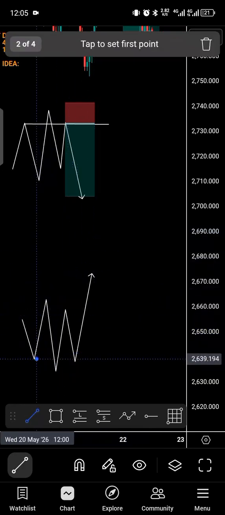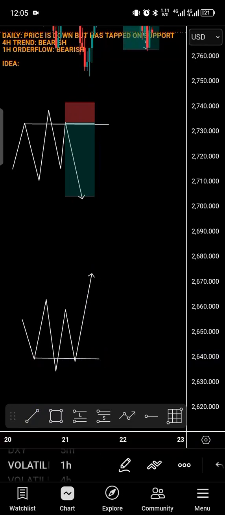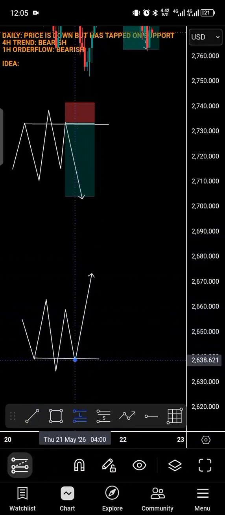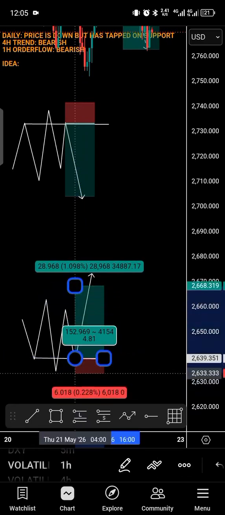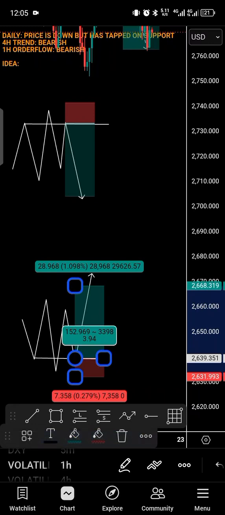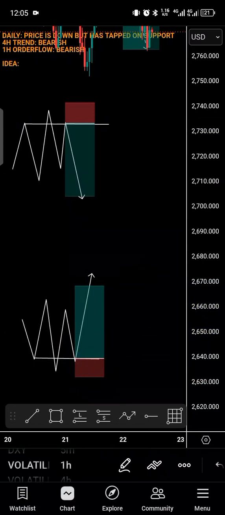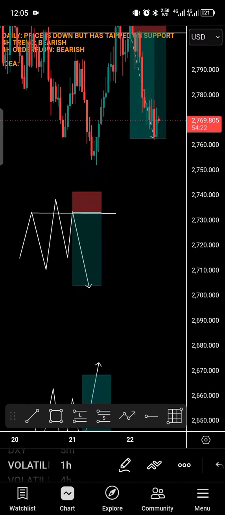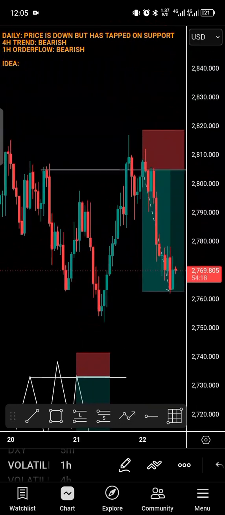This low that was swept, and then you get your entry here. Target here, your stop loss below this swing low. A target of at least 1 to 3. This is sure. It's called QMR. We call it the QMR entry model.